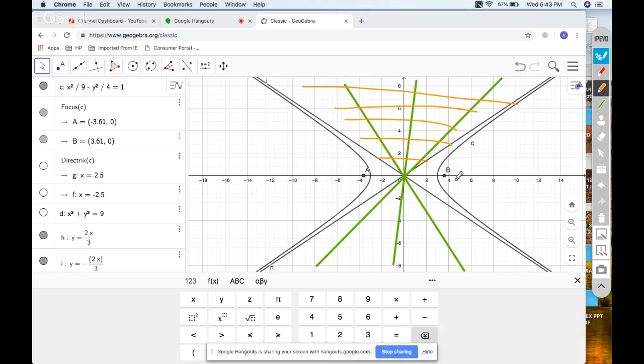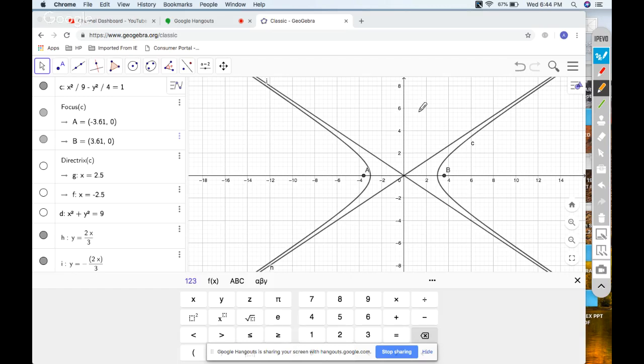If your slope happens to be lesser than that, what will happen? It will end up cutting the hyperbola. For example, let's say I take a slope like this. I can always shift this and make it a tangent like this.